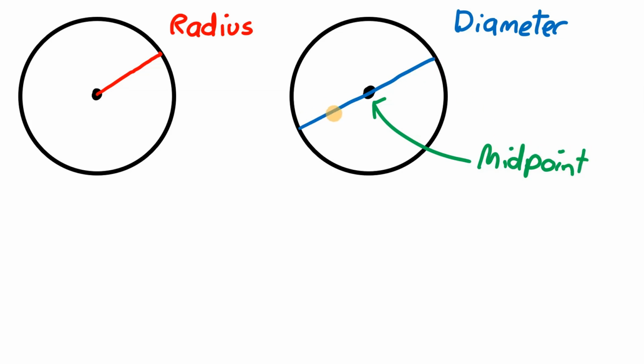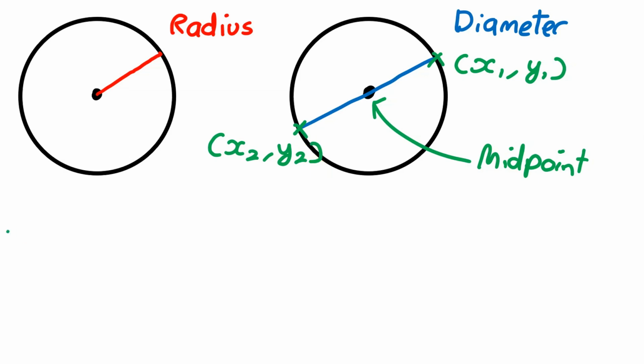of the diameter, okay? So let's say that the 2 points that the diameter connects, let's say this point here is x1, y1, and let's say this point here is x2, y2, okay?